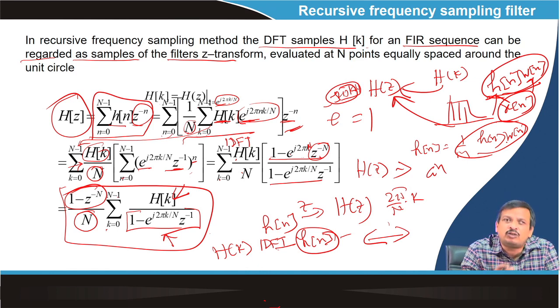Next week we will cover optimization methods. Let us say the passband ripple, stopband ripple, and transition bandwidth are given. How do I design in optimal methods, that I will cover next week.